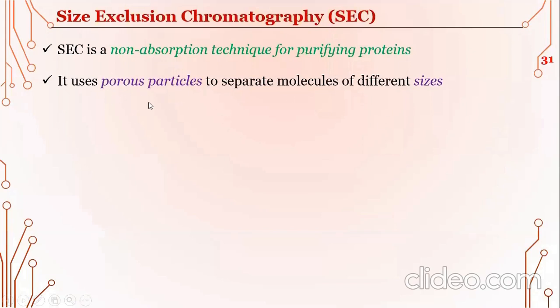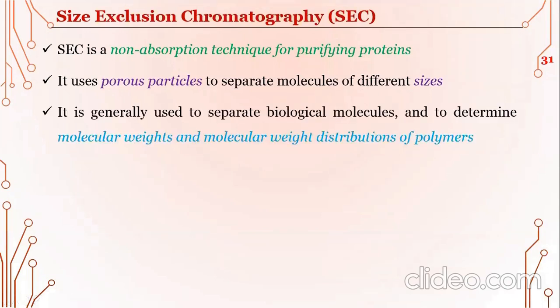The porous particles differentiate between different proteins based on their sizes. It is generally used to separate biological molecules and to determine molecular weight and molecular weight distributions of polymers.